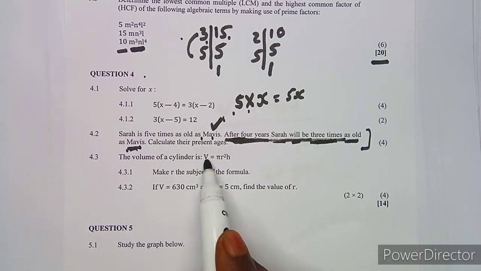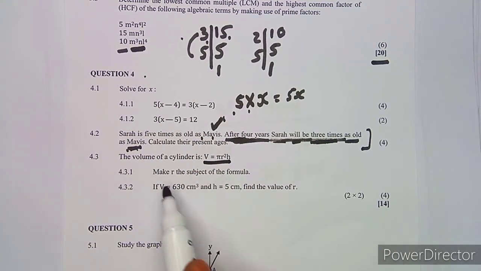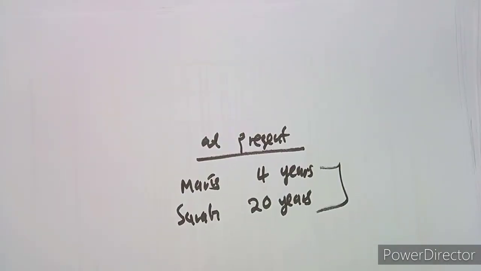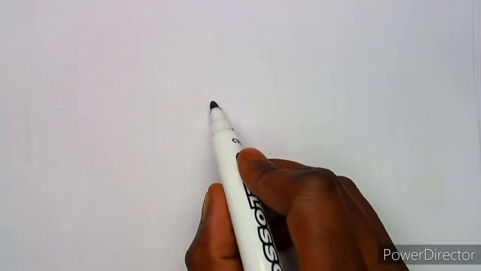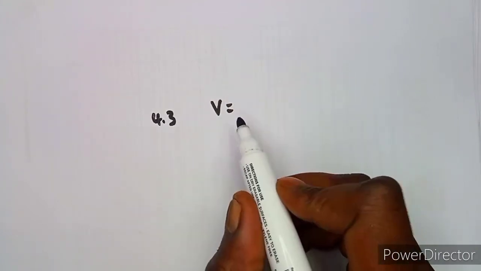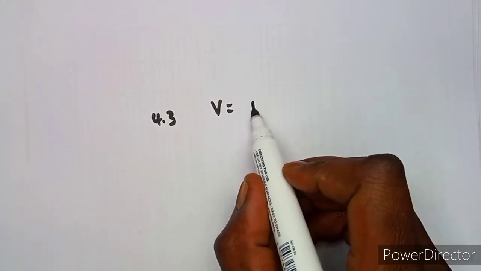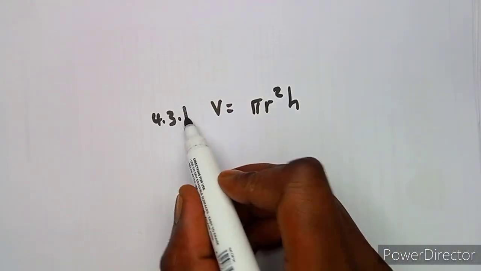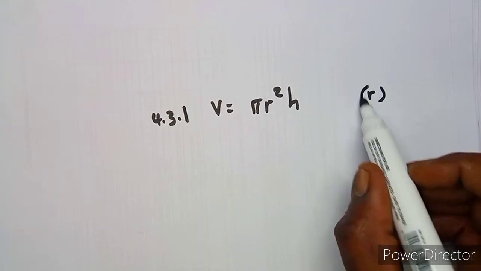The volume of a cylinder is, we are given the formula for the volume, then make R to be the subject of the formula. All right, so there they just want to take you back to change of subject and so forth, where we are given the volume. It's 4.3. So it will be like you are solving actually an equation. All right, so we want to make R to be the subject.